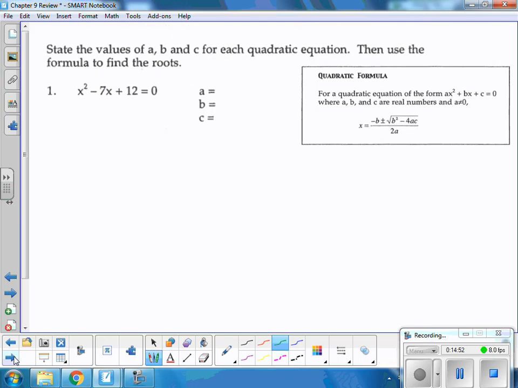Okay, in this equation, x squared minus 7x plus 12 equals 0. When we get to 0 that out, my a term is 1, my b term is negative 7, and my c term is 12.